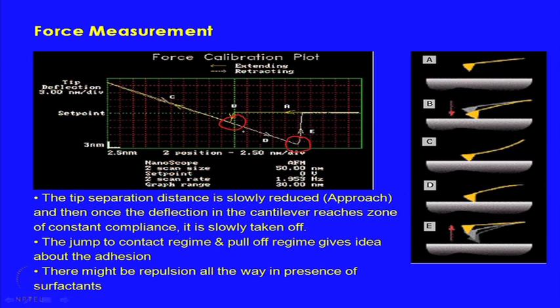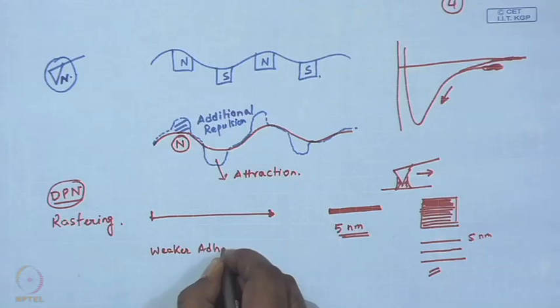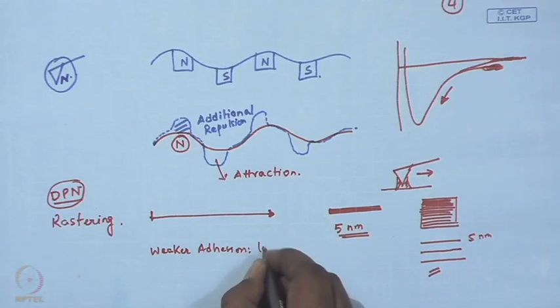There is a little bit of hysteresis between these two: the separation distance at which it jumps to contact, and the separation distance between the Z piezo height and the surface at which it detaches. This hysteresis, or the gap between the two, is a measure of the extent of adhesion of the surface. Weaker adhesion, lower will be the hysteresis.